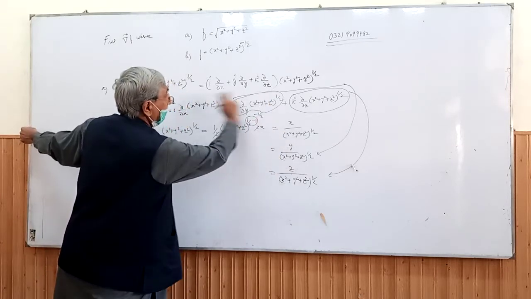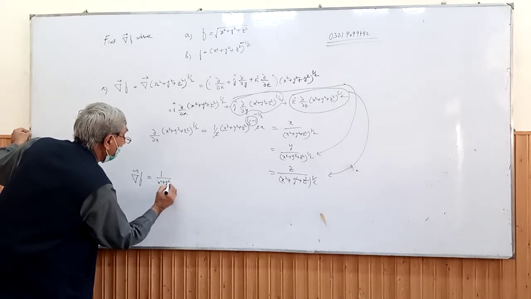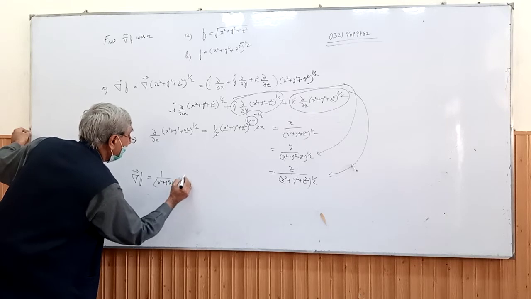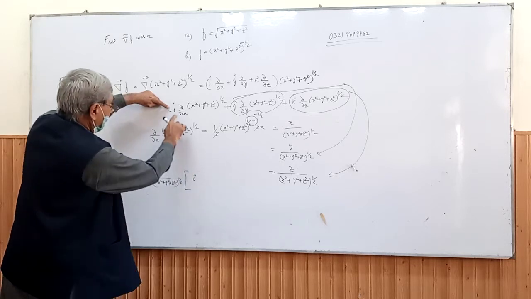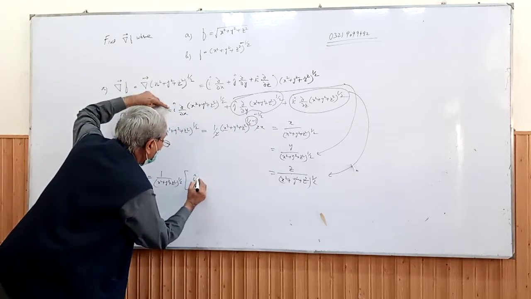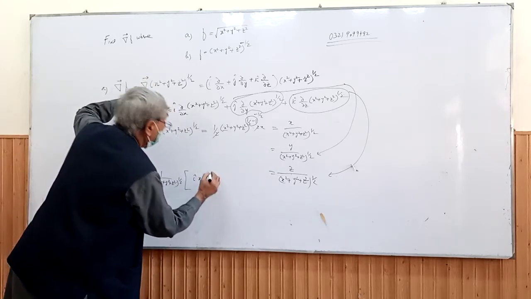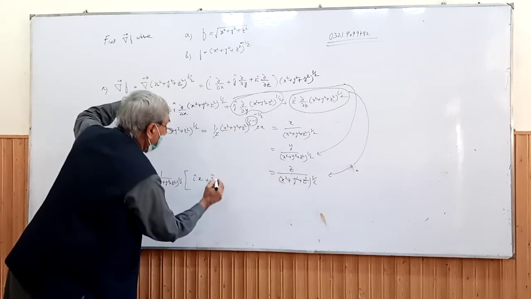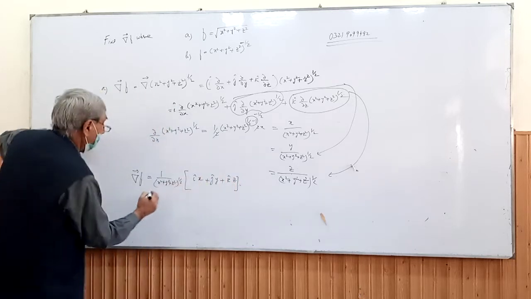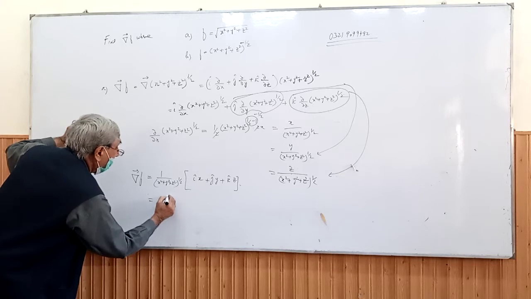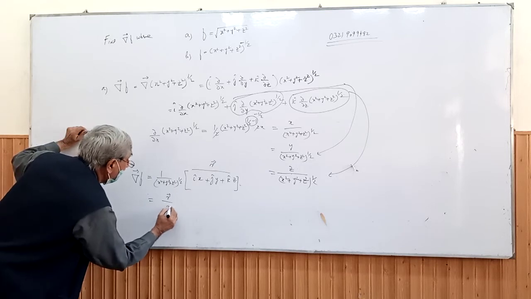Okay, because these are added, this will be common, so you can say 1 over square root of (x square plus y square plus z square) inside bracket, i, and delta over delta x means x, this is common, plus j, delta over delta y is that thing, and this is common, y plus k z, and this is our vector, divided by the magnitude of r, that is r.